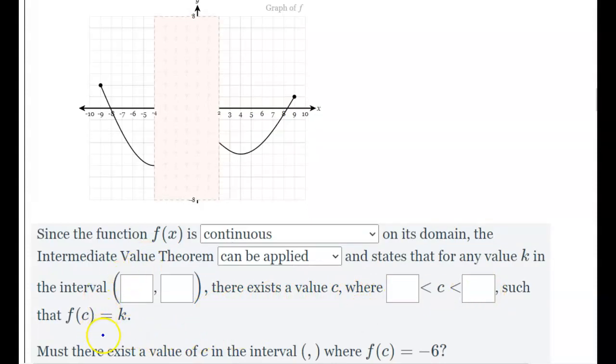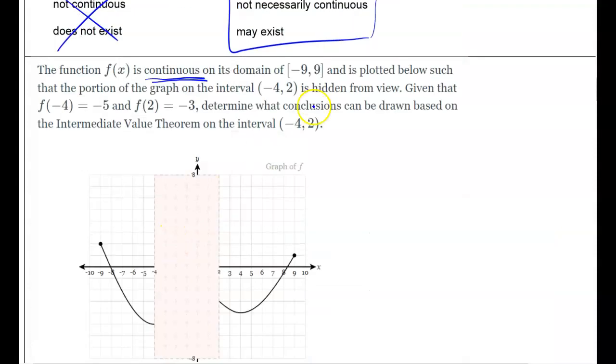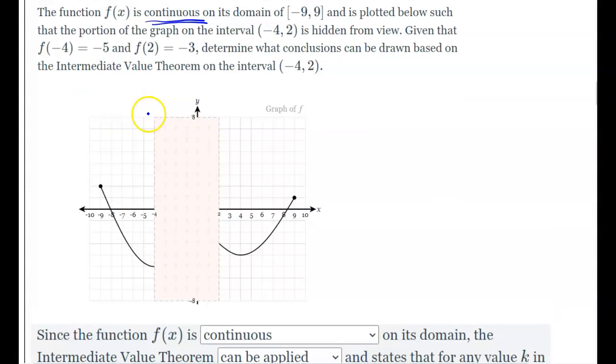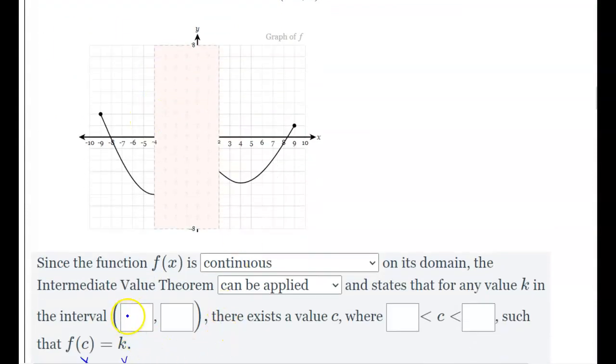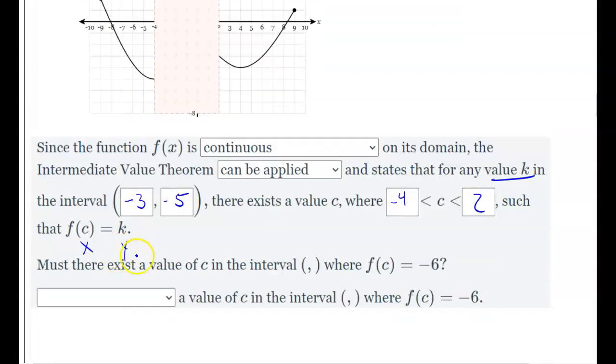So the thing to note that is tricky is that c is an x value, k is a y value. So what has to go here is my 2 y values from the text, right? So we have -3 and -5. And then it says, must there exist a value c in the interval? It'll fill this in for you, -3 to -5, where f of c equals -6.